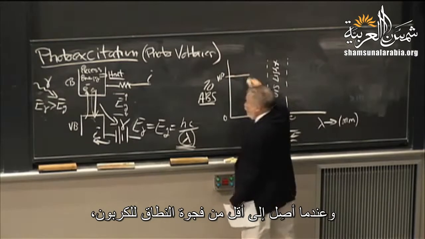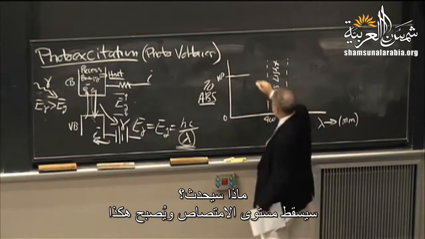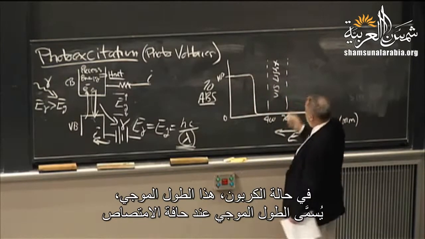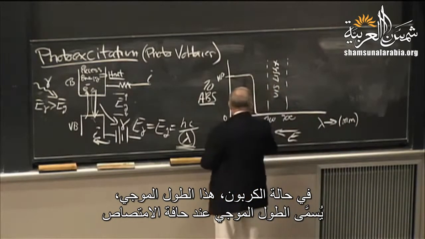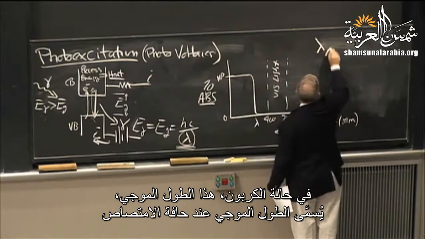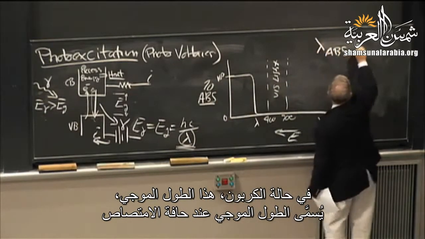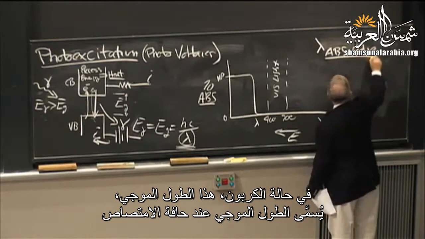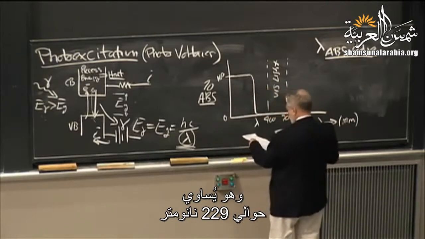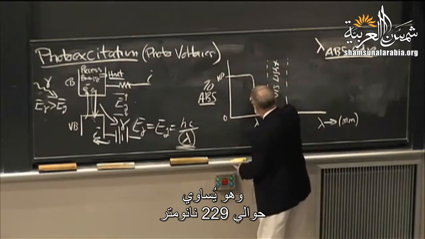Below the band gap, what happens? Well, I drop off, and it goes like that. In the case of carbon, this wavelength, which is, by the way, called the absorption edge, that number comes out to be about 229 nanometers.